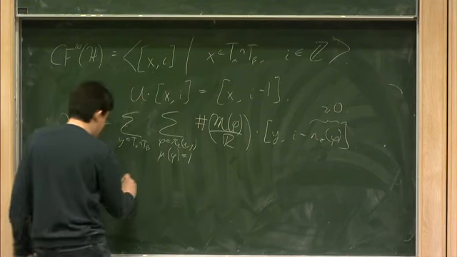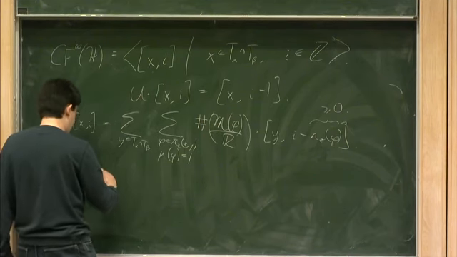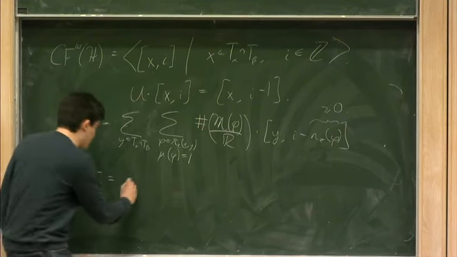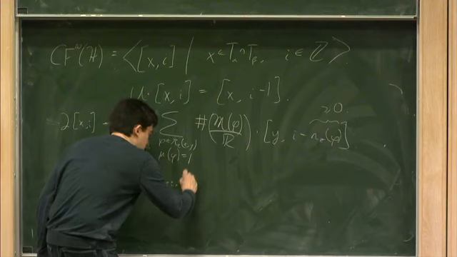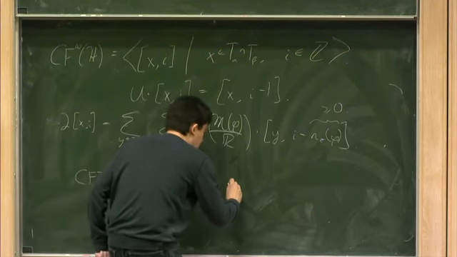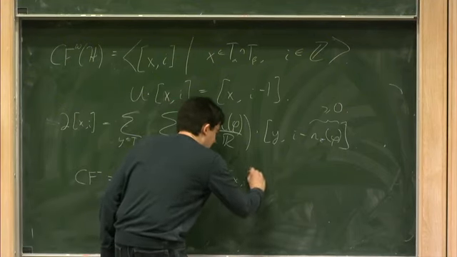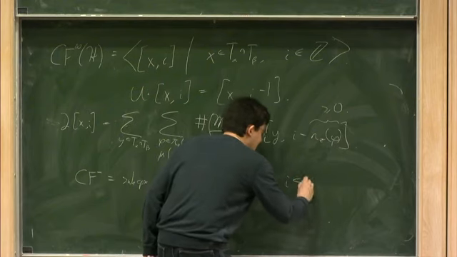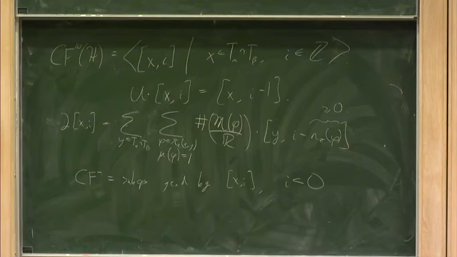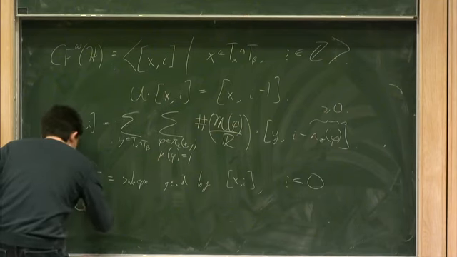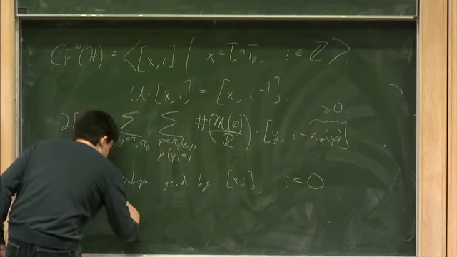Now, CF minus is therefore going to be the subcomplex generated by all xi with i less than 0. That's why it's called minus, okay? And it's a subcomplex for exactly that reason. Okay, and then CF plus is going to be the quotient complex.